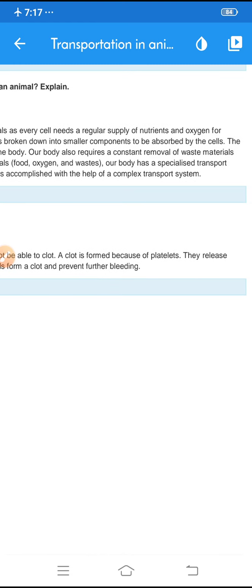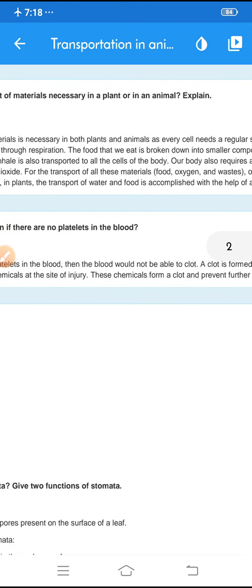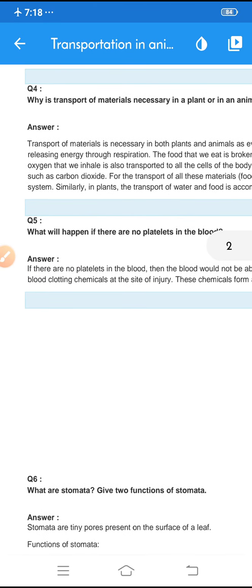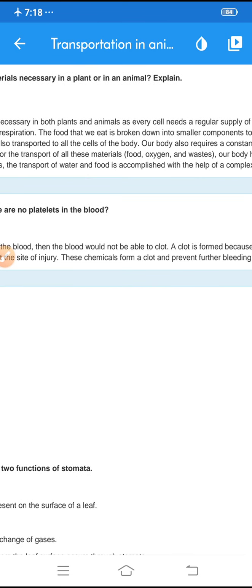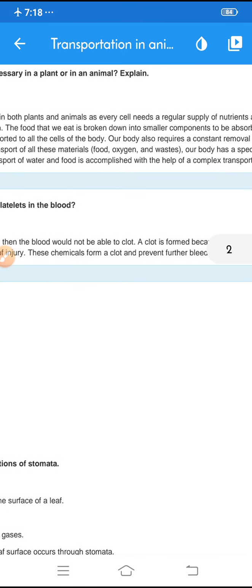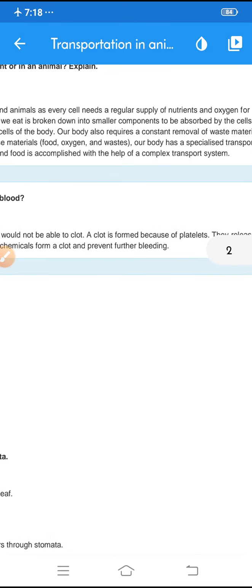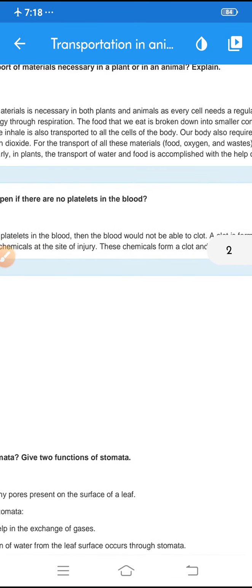Our body also requires constant removal of waste materials. Not only is intake of food and oxygen necessary, but constant removal of waste materials is also needed. Why do we need it? Because waste materials such as carbon dioxide need to be removed. For the transport of all these materials, food, oxygen and wastes, our body has a specialized transport system.